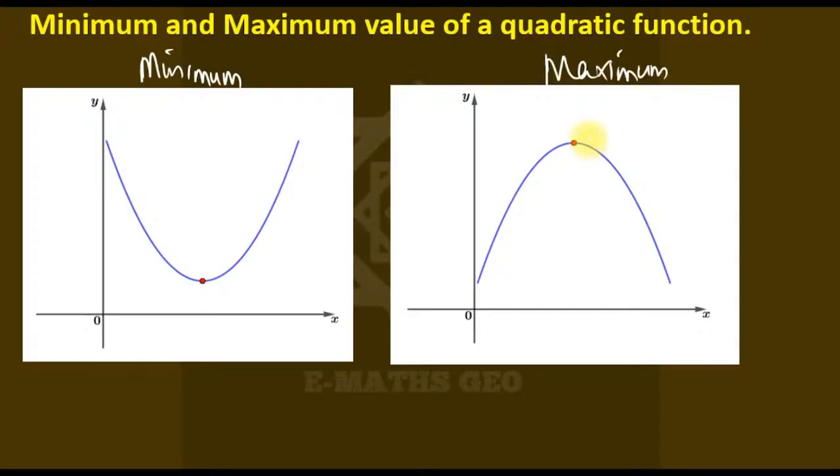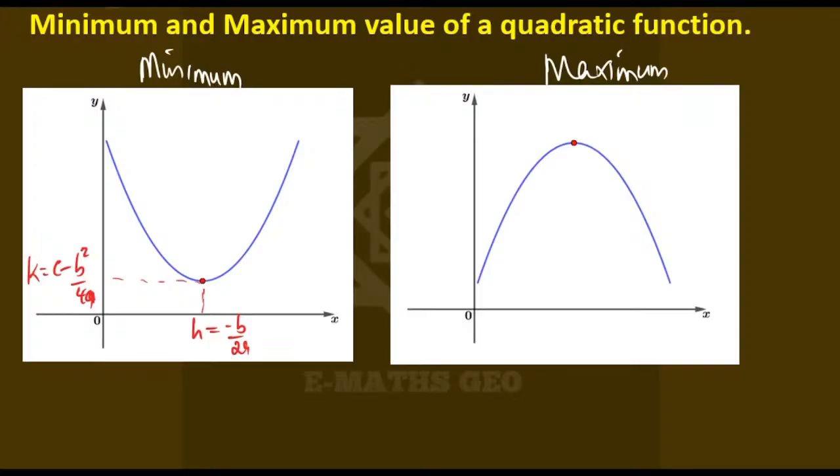And what do you observe? The minimum value will always occur at the vertex, which is (h, k). So h is minus b over 2a, and k is now c minus b squared over 4a. Now, we are talking about value. So k is the value.